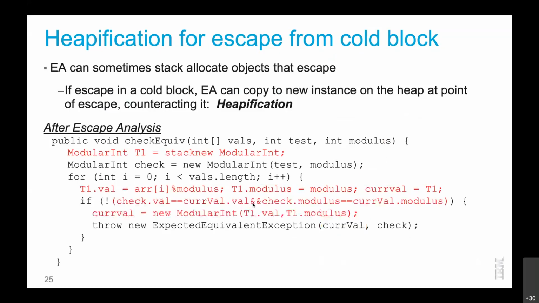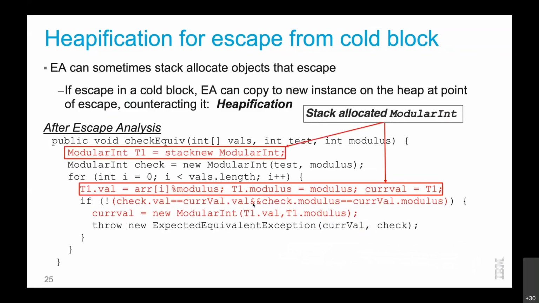Escape analysis, as I described, because that's an infrequently executed piece of code, will still go ahead, or might still go ahead, and stack allocate the instance. As I described earlier, the space for it is reserved at method entry, and only within the body of the loop will the fields, for the modular int, actually be initialized.